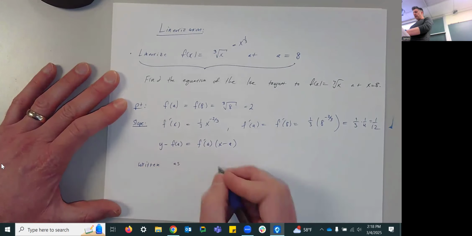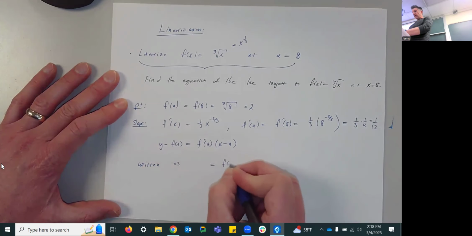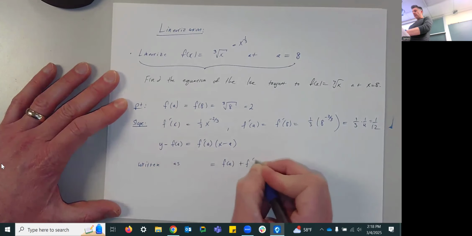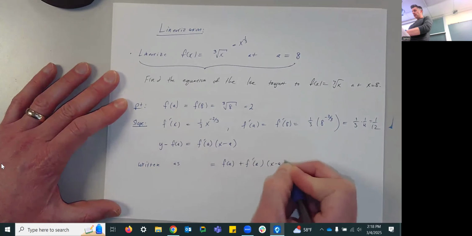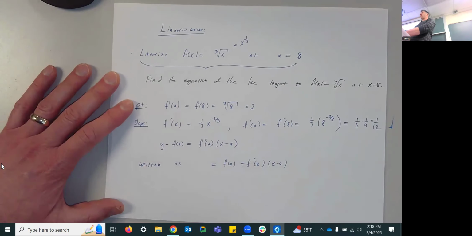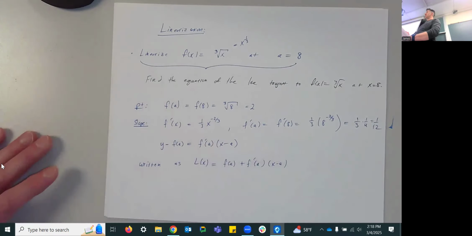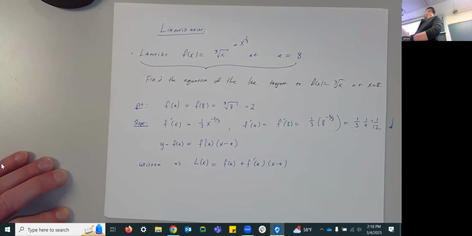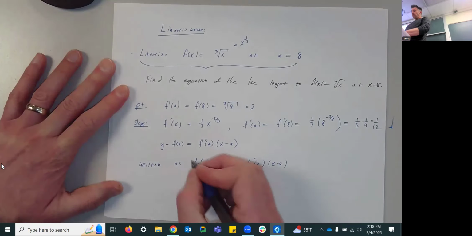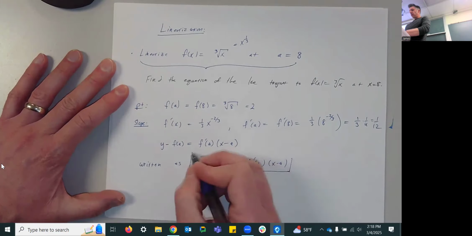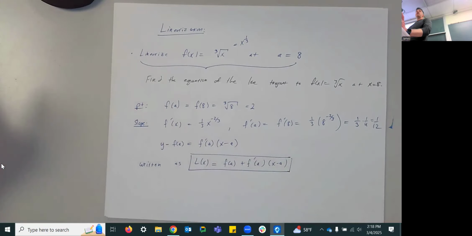So it's going to be y equals f of a plus f prime of a times x minus a. And then instead of writing y, we write it as the function capital L of x. Capital L for linearization. So this is the general formula, but you should remember, it's nothing new, nothing fancy. It's just the equation of the tangent line written so that we're isolating y, or the function name.